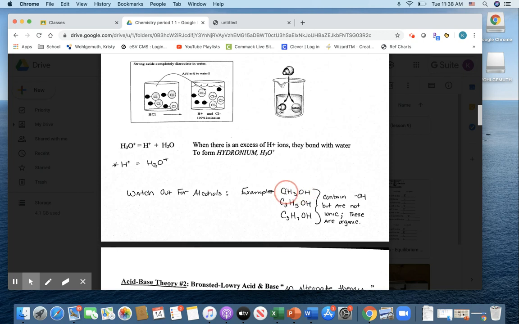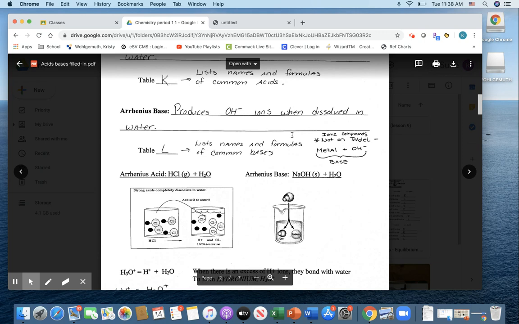So you have carbon and hydrogens bonded to the OH. That makes them an alcohol, not a base. So if you get a question that asks you to identify a base in a multiple choice question, I could almost guarantee that they're going to put something like this as the choices to try to throw you off. So you have to be very careful when you're trying to identify those bases.